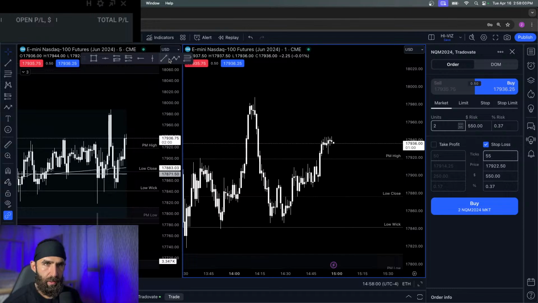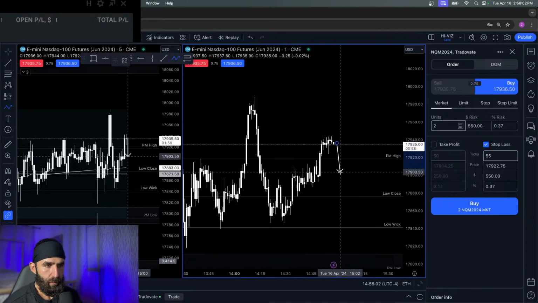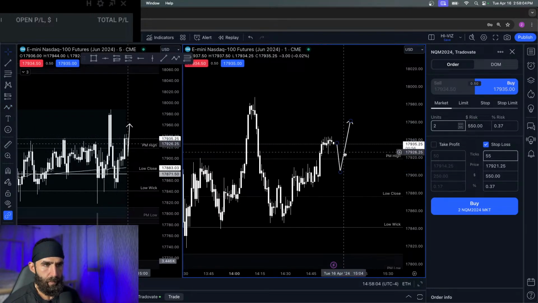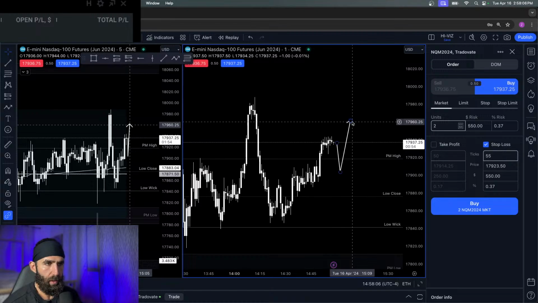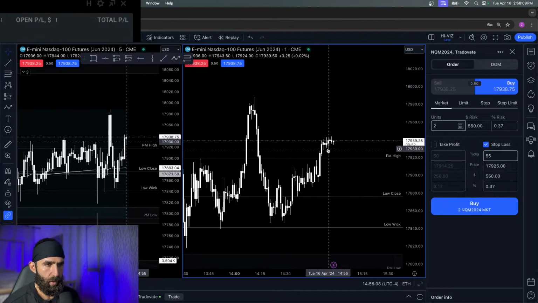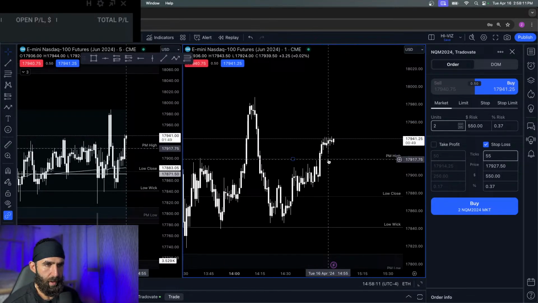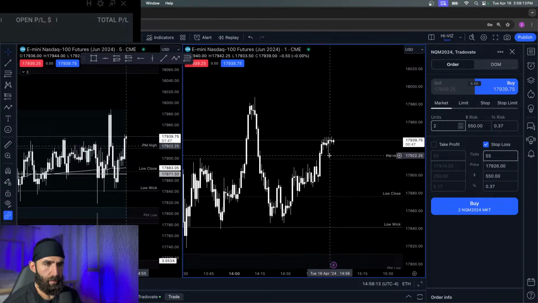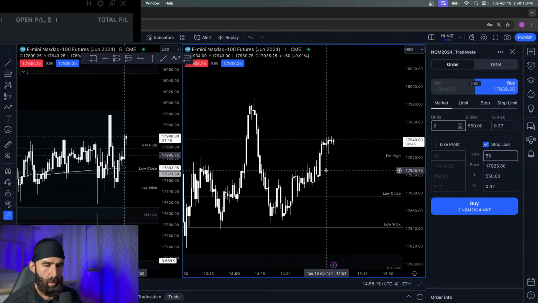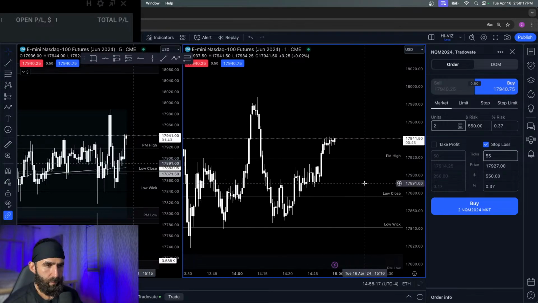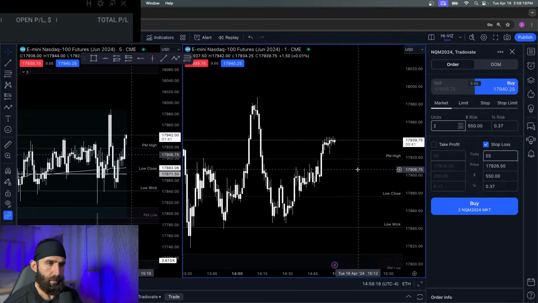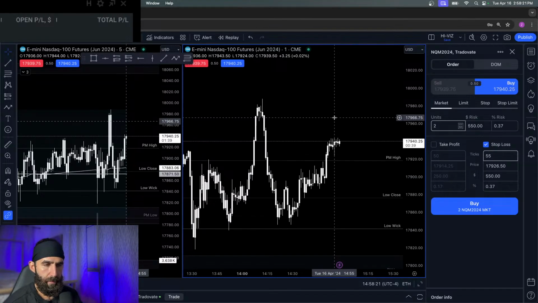So maybe we see a little pullback and then a push up. Maybe we don't get a pullback and we just kick up from here. I do see this wick that came down, but kind of got an area right here that I think it's likely to pull back into. None of this is convincing enough for me to start trading just yet.